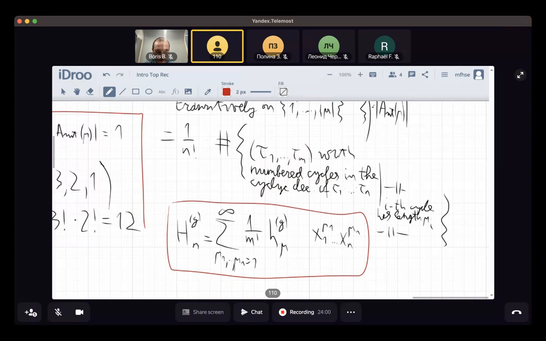So this is the generating function for simple Hurwitz numbers, which we compare with what we get by topological recursion. Peter here wrote g as a superscript, but it's just the same. Maybe it's more convenient to write it in this way. It means just the same, this superscript as a subscript as before.